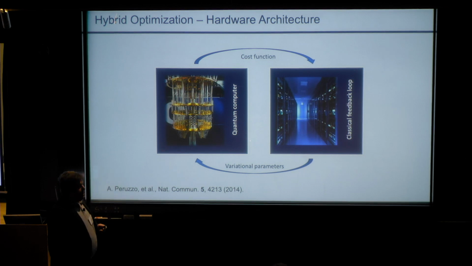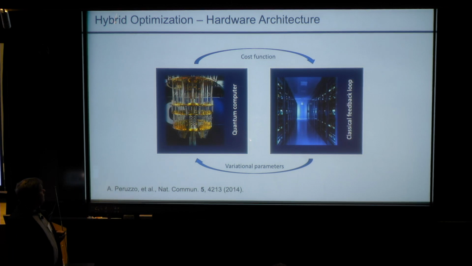This is one thing we looked at in this so-called hybrid optimization, where you use a feedback loop between a quantum computer and a classical computer to do this variational optimization.